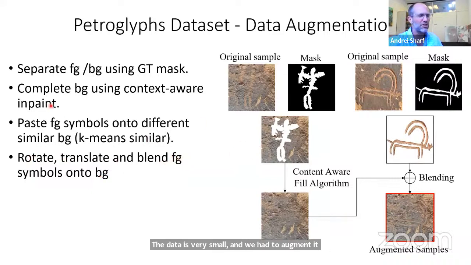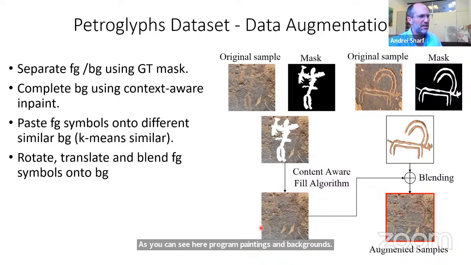So the augmentation here included separation between the foreground ground truth and the background, and creating candidates of foregrounds, as you can see here, foreground paintings and backgrounds that we then blended together.